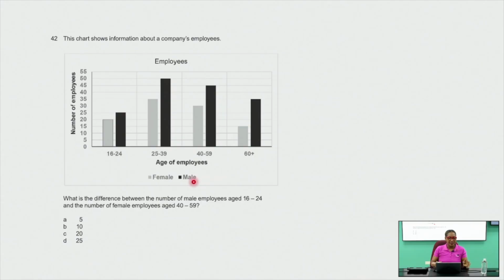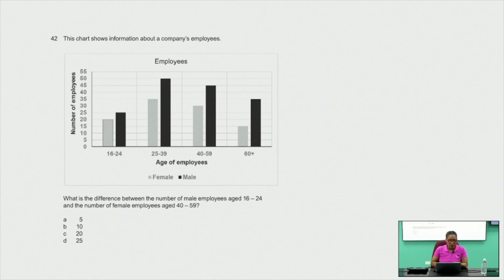We don't know if that has anything to do with the question. Let us read the question. What is the difference between the number of male employees aged 16 to 24 and the number of female employees aged 40 to 49? All right, so we are going to do a little writing on the screen.